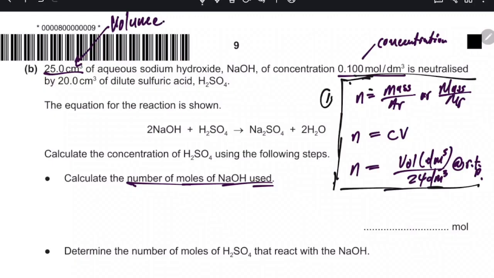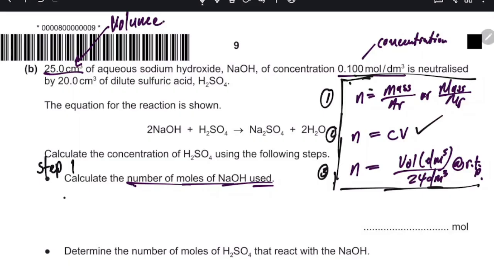Ilang, are we together? Yes, the very first time they ask you to find number of moles, don't think of anything else. You're wasting time. Choose one from here.